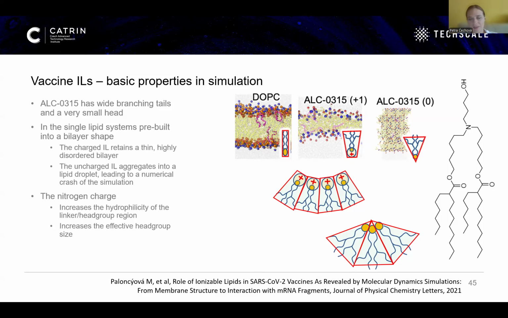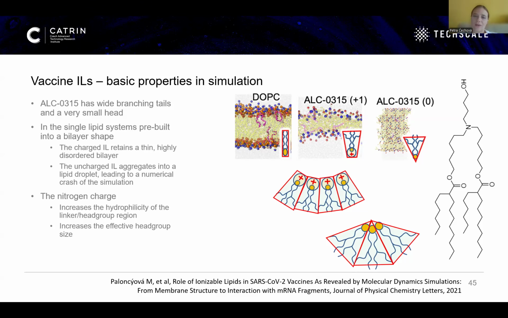On the other hand, if the lipid is deprotonated, it loses its charge. The membrane or the bilayer kind of condenses into this liquid droplet and loses all the internal structure.